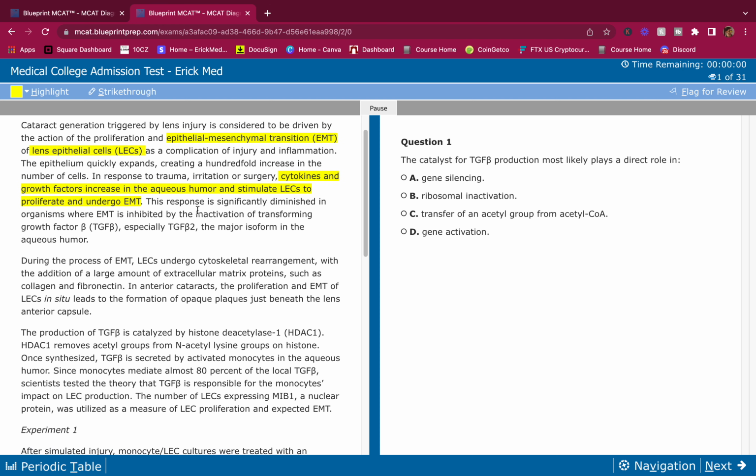This response is significantly diminished in organisms where EMT is inhibited by the inactivation of transforming growth factor TGF-beta, especially TGF-beta 2, the major isoform in the aqueous humor. Okay. We got inhibiting, inactivation. So I'm going to highlight EMT is inhibited by the inactivation of transforming growth factor.